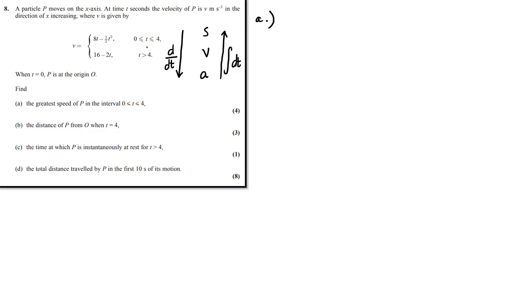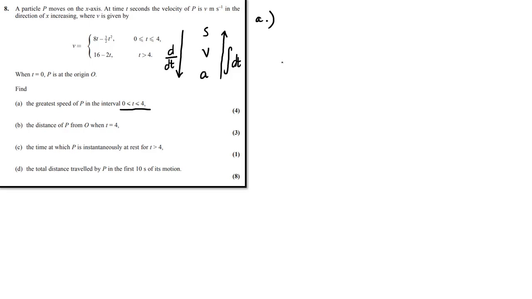When t is between 0 and 4, we use this expression, and when t is greater than 4, we use this expression. For part A, we're working in the interval between 0 and 4, so we need to use this expression. That's one of the main things we need to be careful of, that we're working with the correct expression.